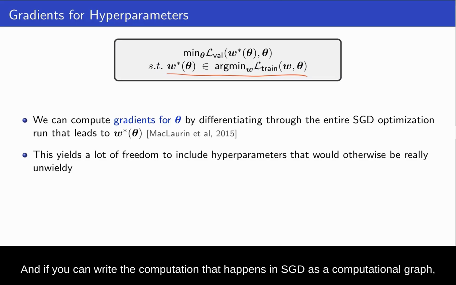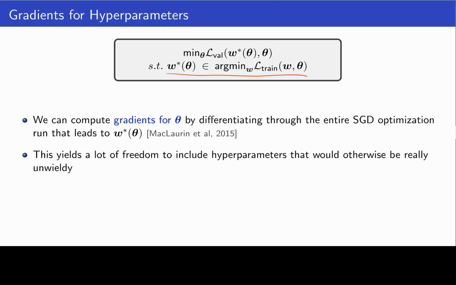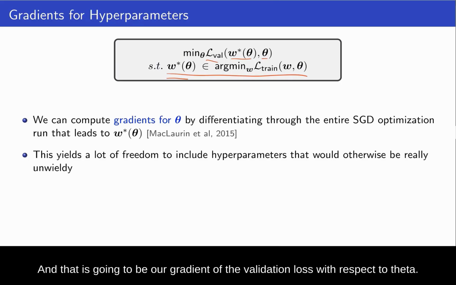And we can write the computation that happens in SGD as a computational graph and then backpropagate through that in order to see what would happen if we change theta a little bit, what would happen in the W star of theta, and what would the combined effect of this change of theta and the change of W star of theta be on the validation loss. And that is going to be our gradient of the validation loss with respect to theta.